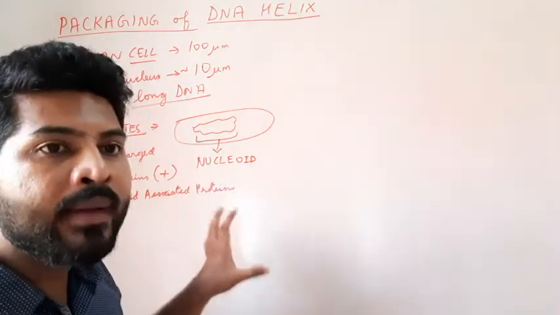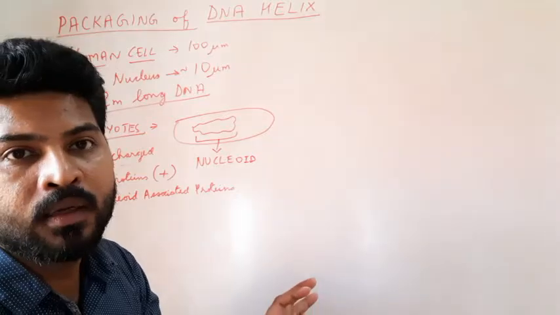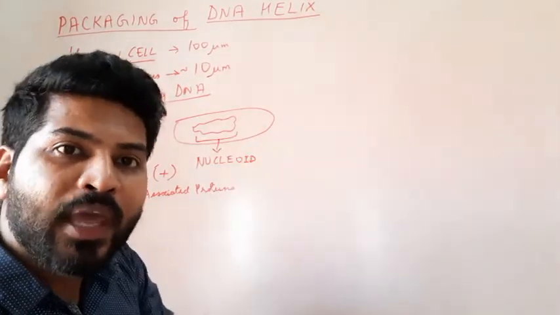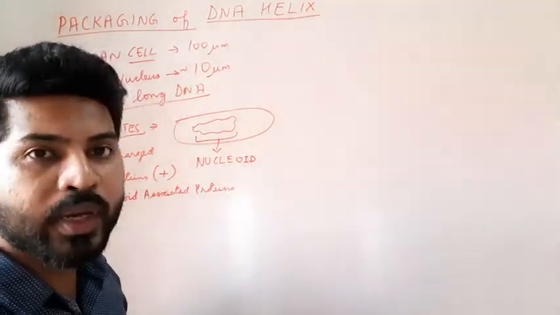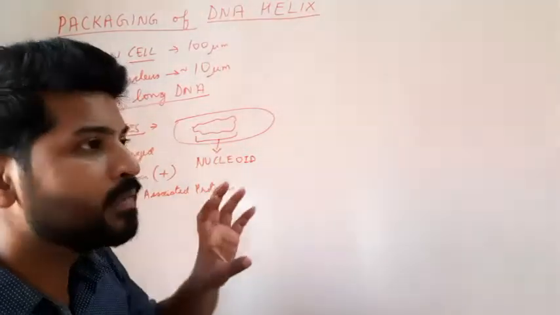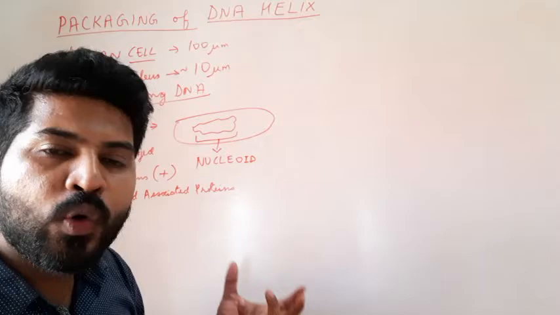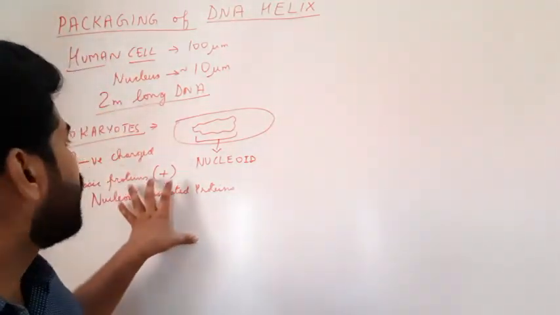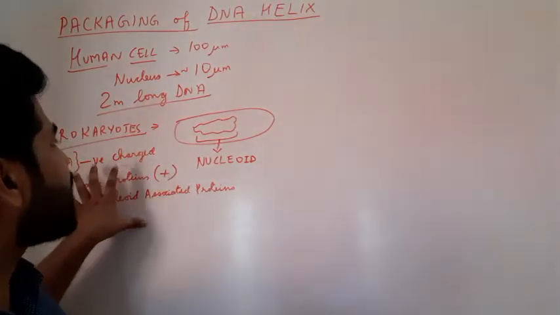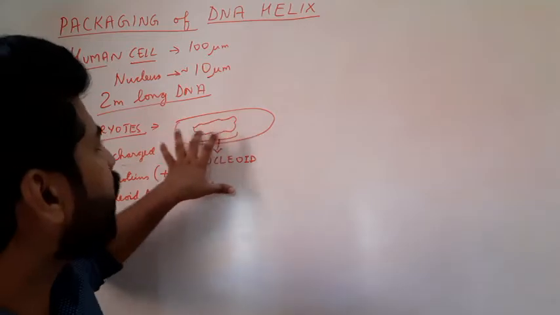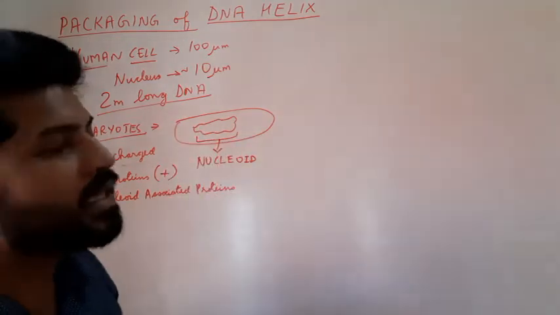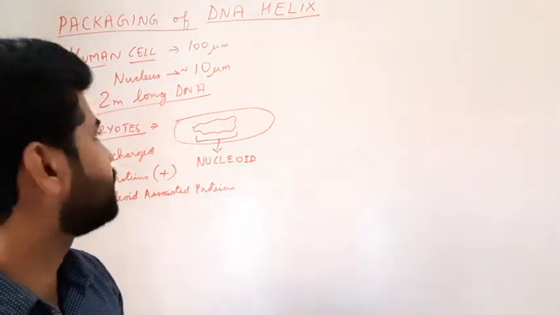Bacteria don't have histone proteins because eukaryotes have histone proteins which help in this organization. Exceptional cases are archaebacteria. Certain archaebacteria do have histone proteins which will interact with the negatively charged DNA and organize it in the region called nucleoid.